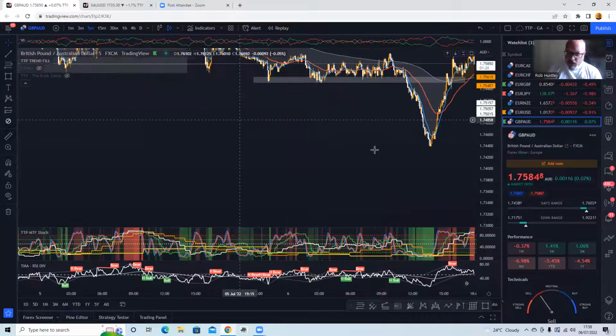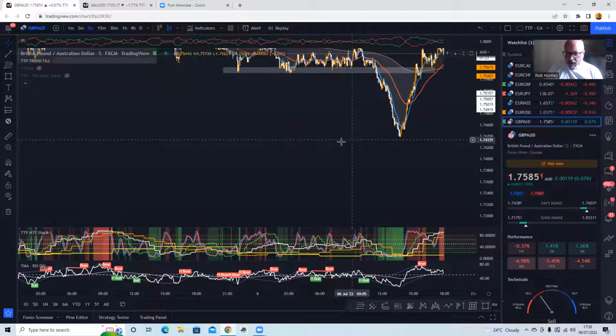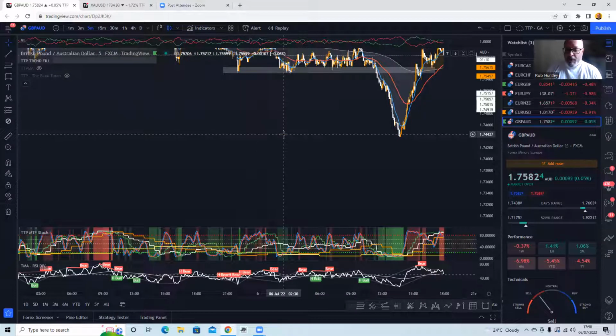In fact, I think where this came down to there, there was a 0.272 and a 0.618, which was a little bit past this area here, but it doesn't matter.